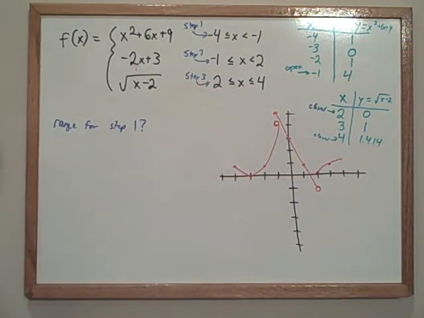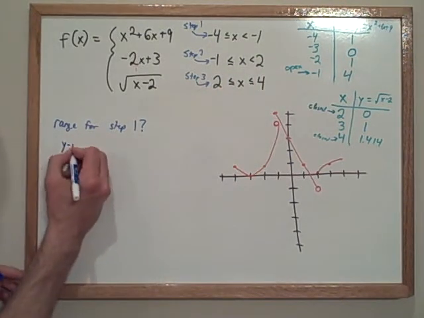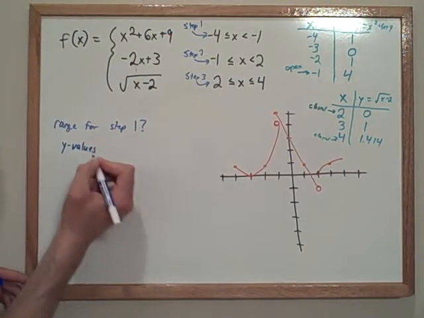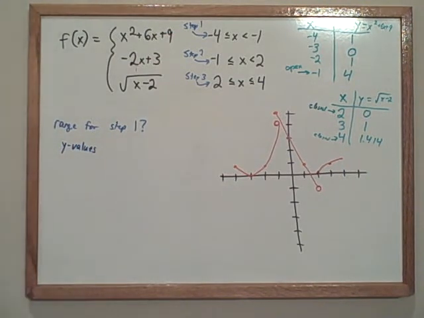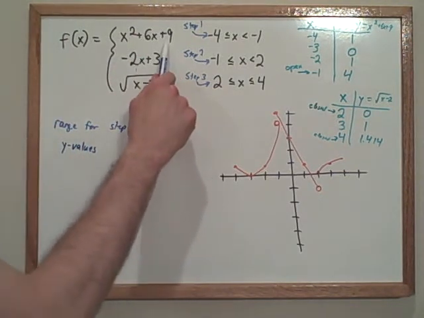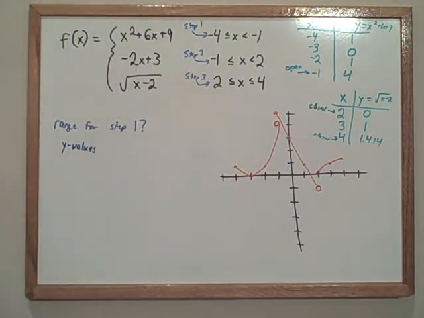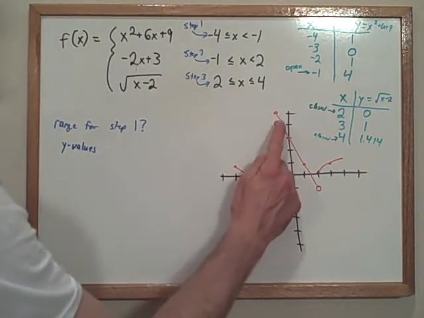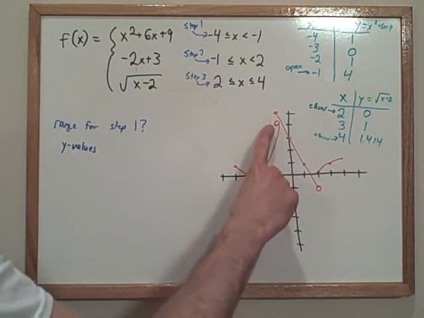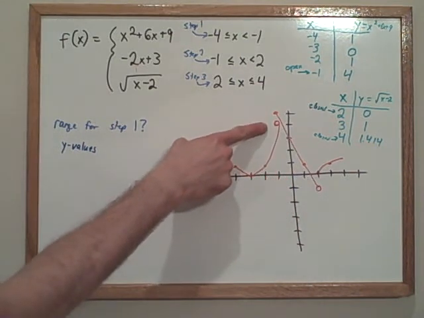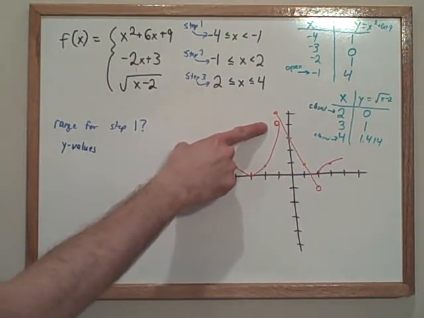So what is the range? Range, of course, is the y values. And so we want to know what y values are covered in that piece right there. Let's go ahead and look at our graph. We know what the graph looks like. The y values that are covered in our graph with this piece right here, well, we know the maximum is at 4. It is not 4, but it is almost at 4.